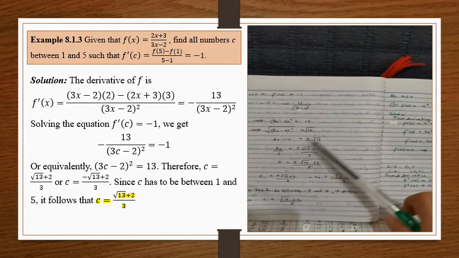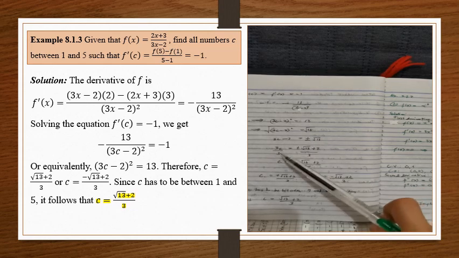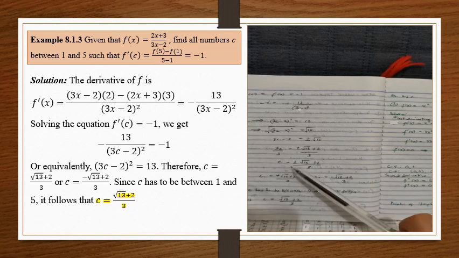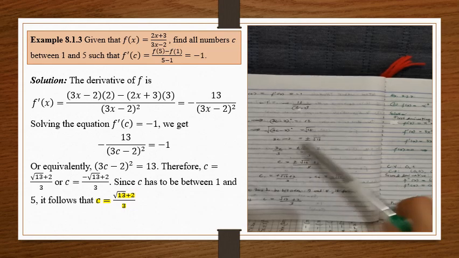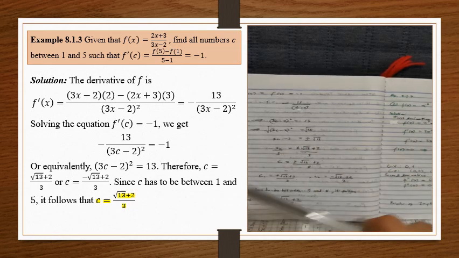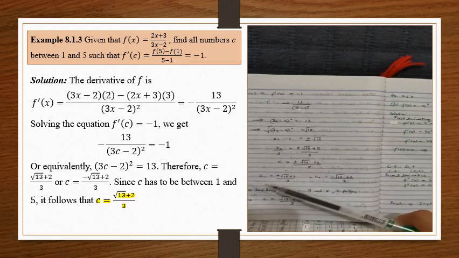Okay? So, solving for the value of c, there are two values of c here since it is plus and minus. So, we have c is equal to plus and minus square root of 13 plus 2. We transpose 2 here so that what remains on the left side is the variable c. And then, divide both sides by 3.